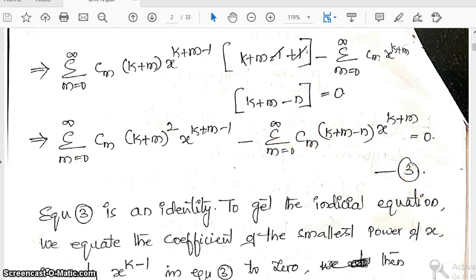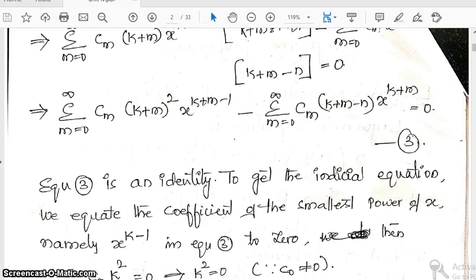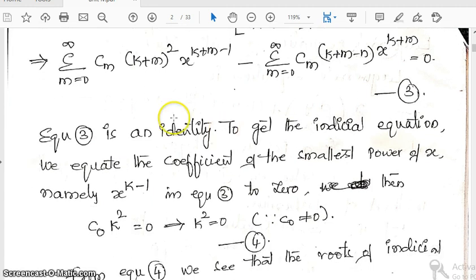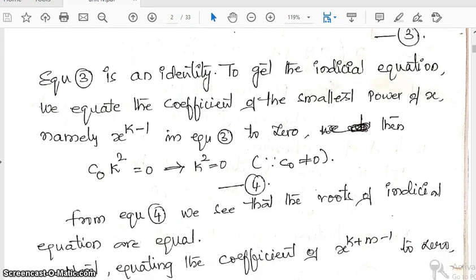So to get the indicial equation, we equate the coefficient of the least power, the smallest power, x to the power of k minus 1, in this equation to 0. Taking m equal to 0, we will get c0 into k square equal to 0. Here c0 is not equal to 0, so k square equal to 0. That means the roots are equal.